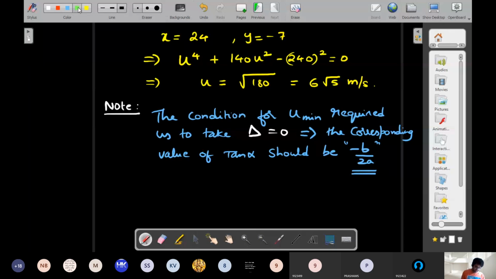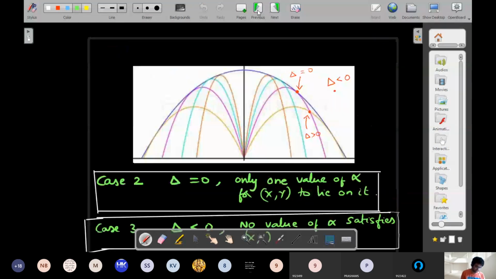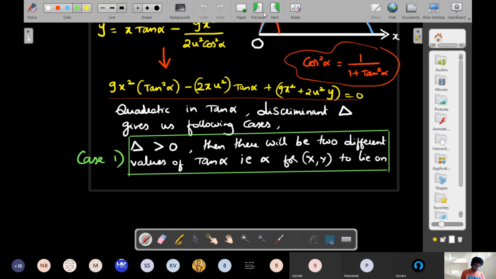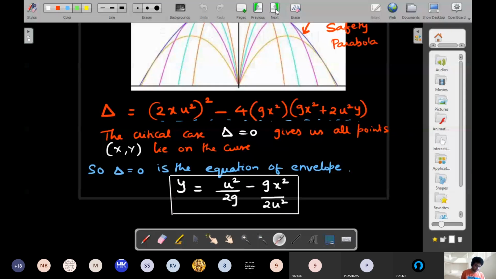So here tan alpha would be equal to, right, what's the value of minus b by 2a in that problem? Minus 2xu square, that minus goes, so 2xu square divided by gx square with a 2, so 2 gets cancelled, so it is xu square divided by gx square.